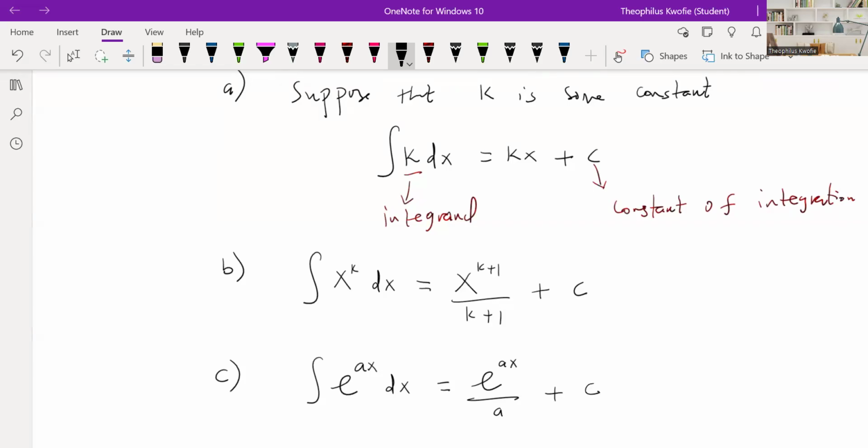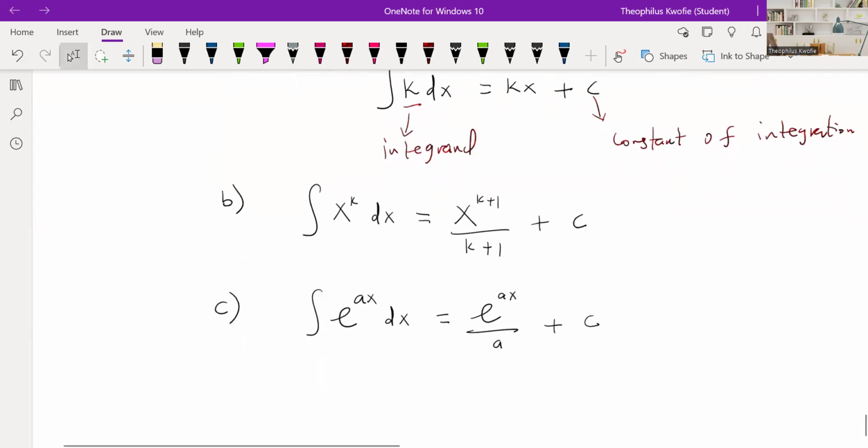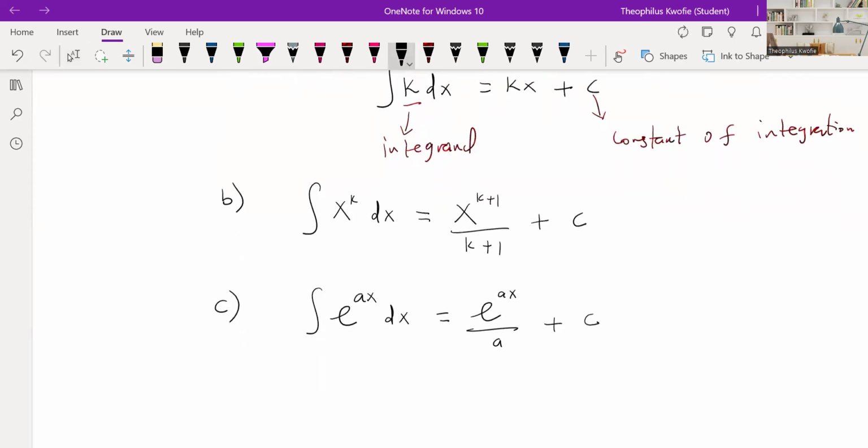Okay, that's the easiest way. Very, very important. So let's take note of that. Over here, remember a is just a constant.